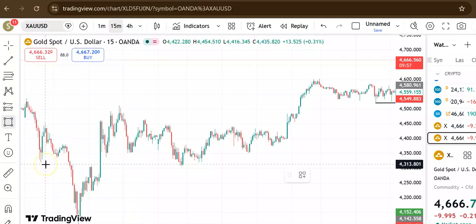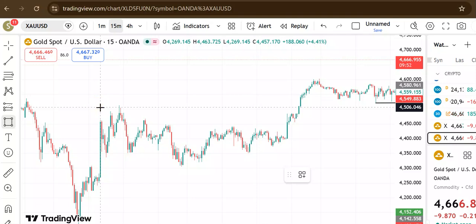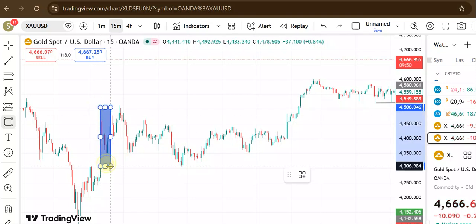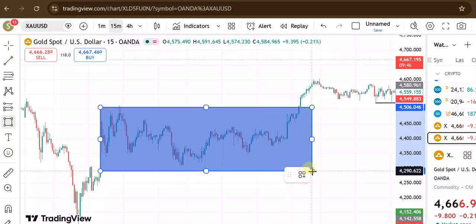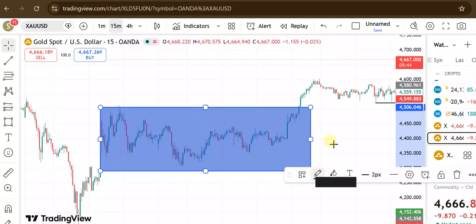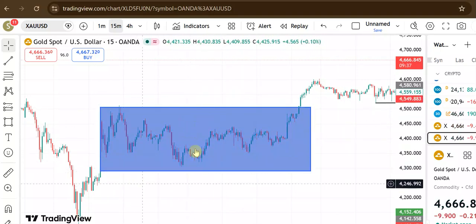Mostly I just use my MetaTrader, but TradingView I just use for some lessons once in a while. So don't see me confused and think that I don't know what I'm doing. So this is an example of a ranging market here.